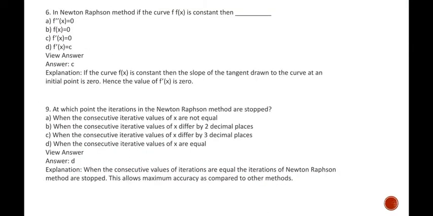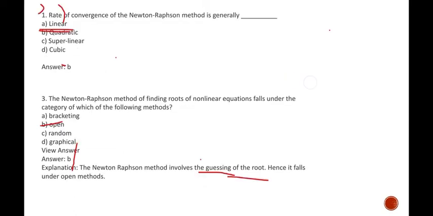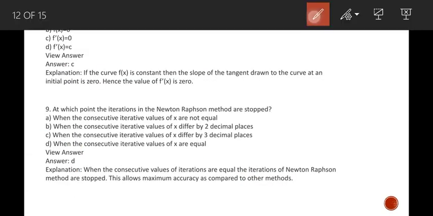In the Newton-Raphson method, if the curve f of x is constant, then what will happen? As I just told you two slides before when we discussed the limitations, when f of x is constant, the slope of the tangent drawn to the curve at an initial point is 0, hence the value of f dash of x0 is 0.